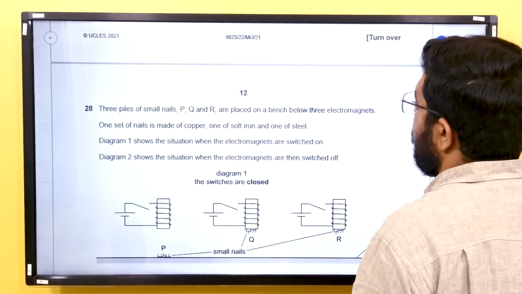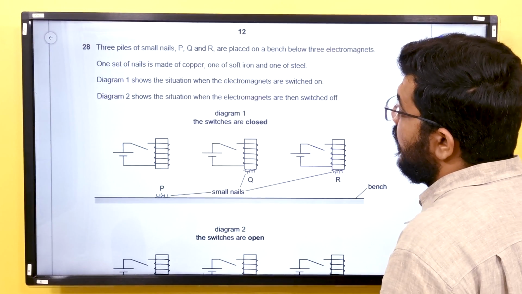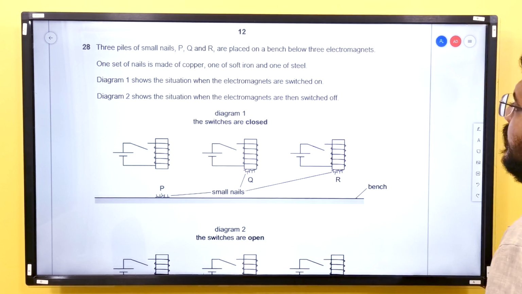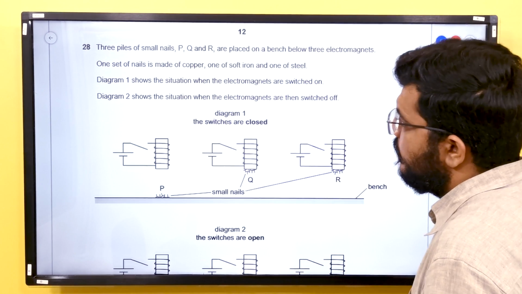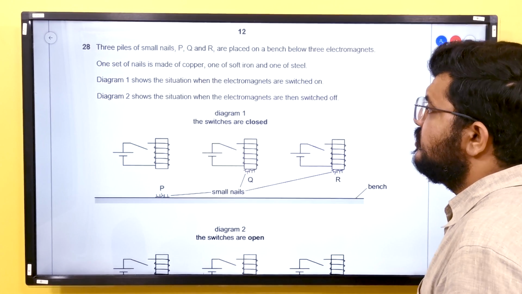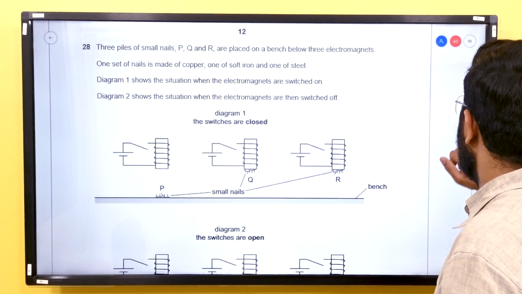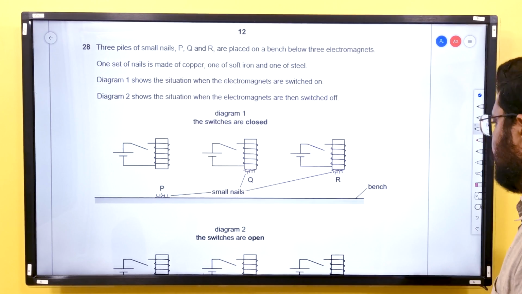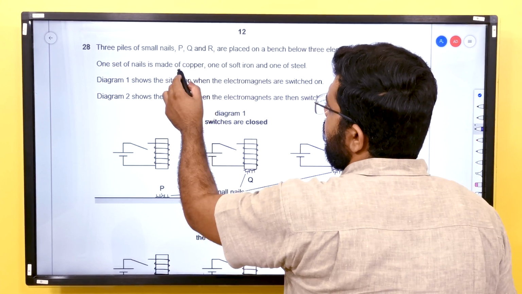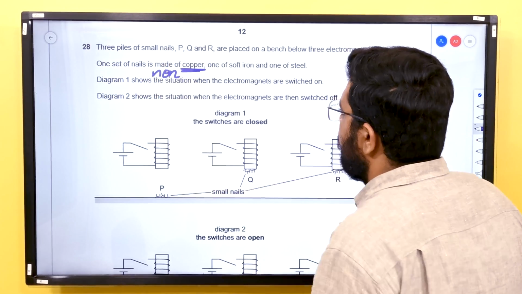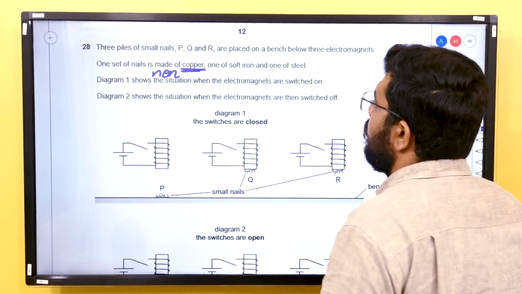Question 28. Three piles of small nails P, Q and R are placed on a bench below three electromagnets. One set of nails is made of copper, one of soft iron and one of steel. Now they are talking about magnets and about copper, soft iron and steel. So let me just write, copper is non-magnetic, you cannot magnetize copper.